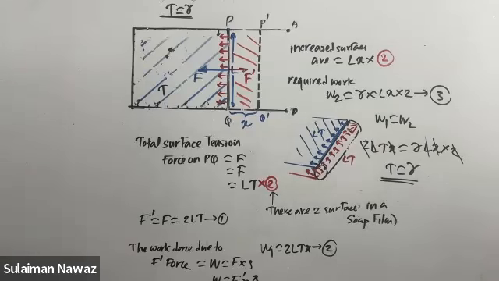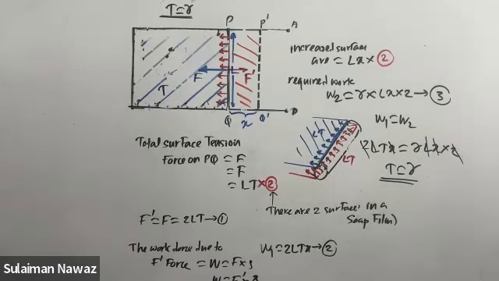Parallel wires, length of the wire is 10 centimeters. The gap between the two wires is 0.5 centimeter. Find the work required to double the distance between the two wires under isothermal conditions.